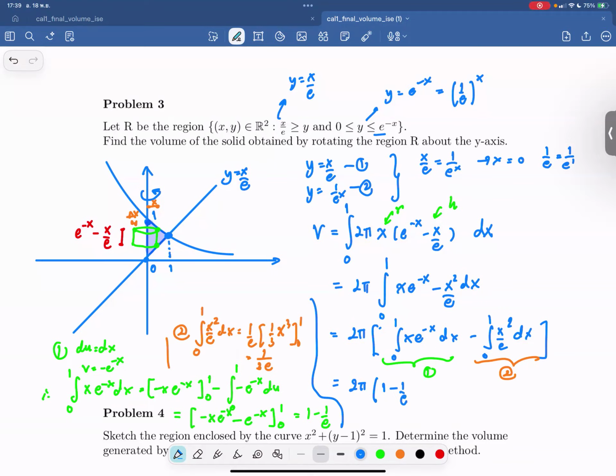Oh, sorry, there should be 2 over e. So we get 1 minus 2 over e, and then minus 1 over 3e. Okay, so the final answer is 2 pi minus 14 over 3e pi.